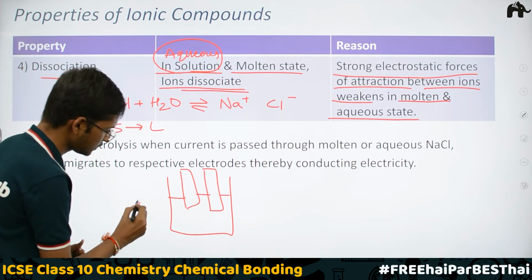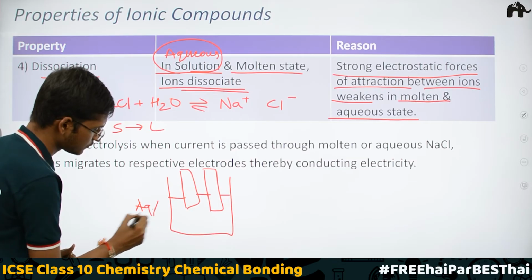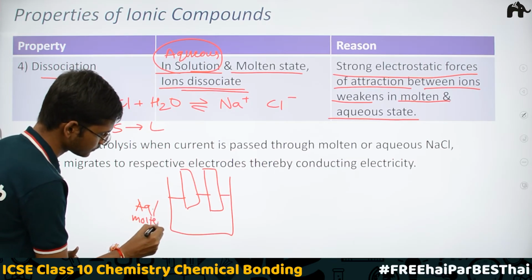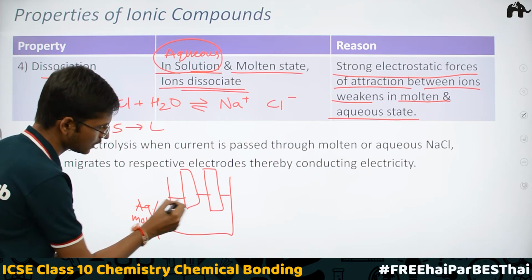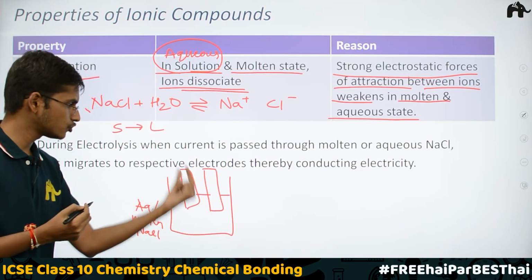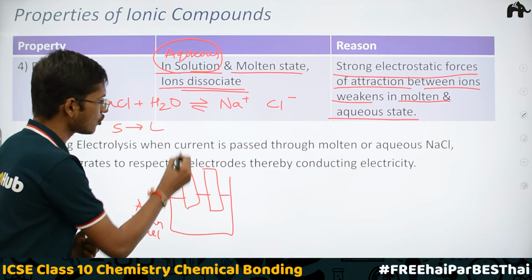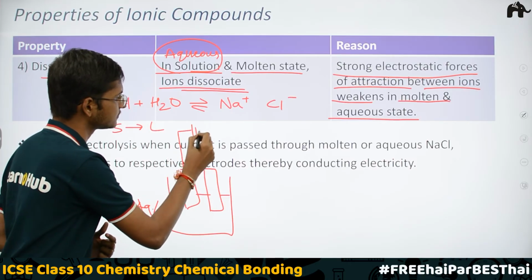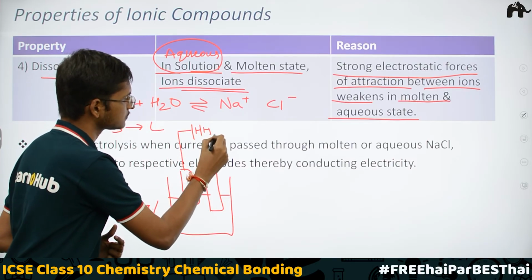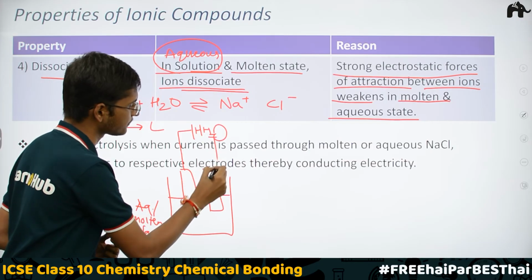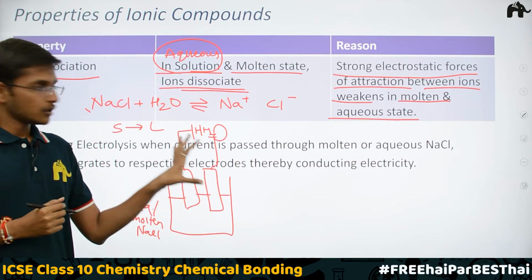So here there is aqueous or molten NaCl, and in this aqueous or molten NaCl, these two rods are dipped, and these two rods are connected to a battery, and they are also connected to a bulb. Now what is happening?